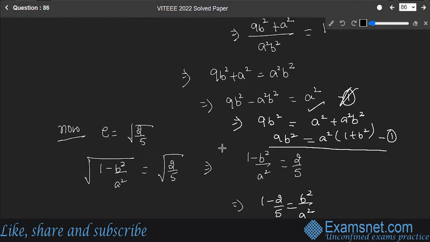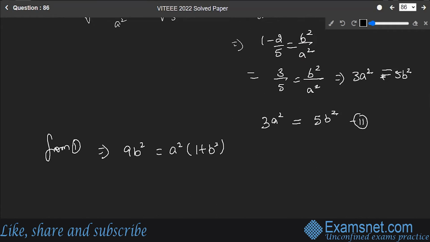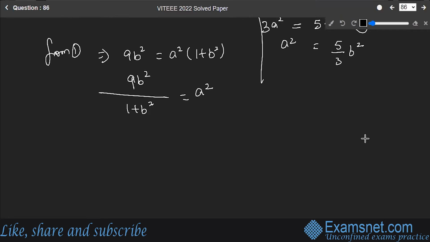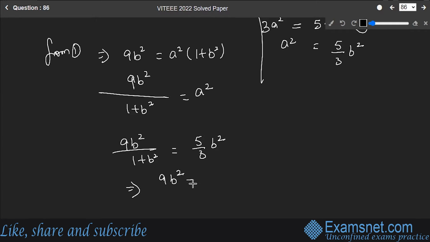So 9b square upon 1 plus b square equals a square. And what was a square from here? It was 5 upon 3 b square. So 9b square upon 1 plus b square equals 5 by 3 b square.